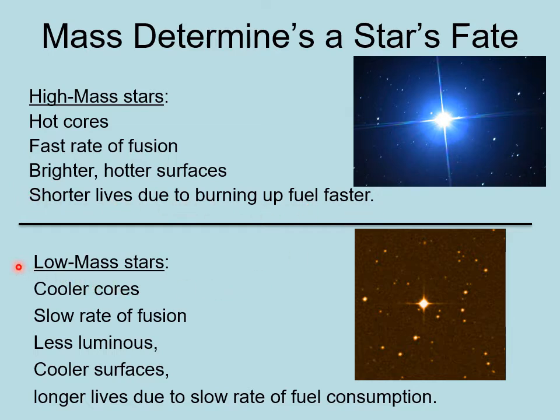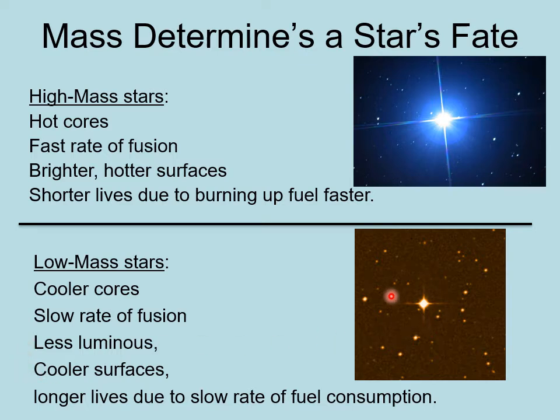Now, on the other extreme, the stars that are born with a low mass, and it turns out that the vast majority of stars are born with a very small mass compared to even our sun. They are going to have a much cooler core because there's less gravity squeezing that core down. Therefore, their rate of fusion is slower, making them less luminous, meaning not as bright. And they are going to have a cooler surface.